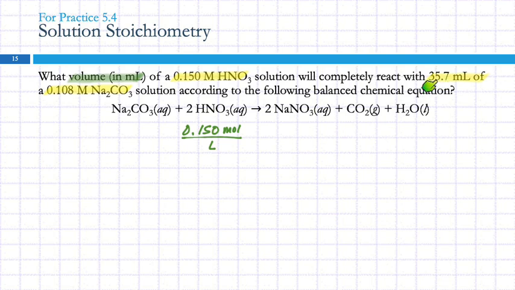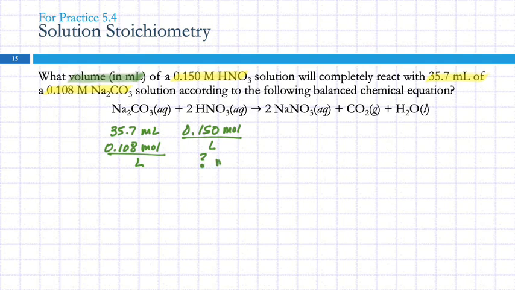Over here, I've got 35.7 milliliters of sodium carbonate. So I'll put that in here, 35.7 milliliters of that. And then they're giving me the concentration of that one as well. 0.108 moles per liter. So what am I trying to find? Volume of HNO3. So that's my question mark.